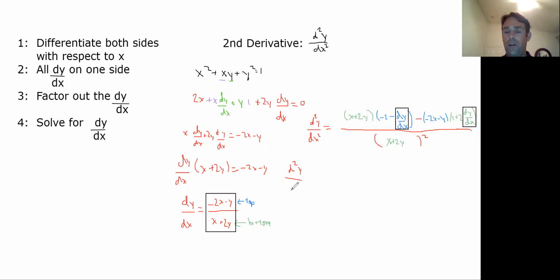I don't have to simplify anything, thank goodness for that. But I do have to plug all those in. So here we go. Let's plug all those in now. I have x plus 2y. I have negative 2 minus, plug in my dy/dx now, negative 2x minus y.